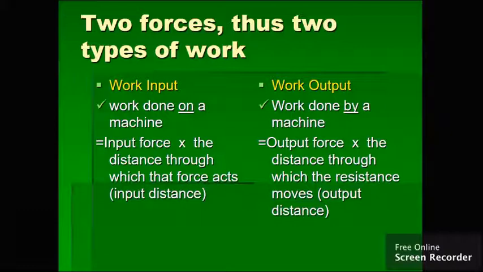So if I'm inputting a force and it's moving through a distance, then the work out of the machine is going to follow the same equation. The output work equals the output force times the distance that the machine moves it. Did that make sense the way I talked through that slide, the two columns there?